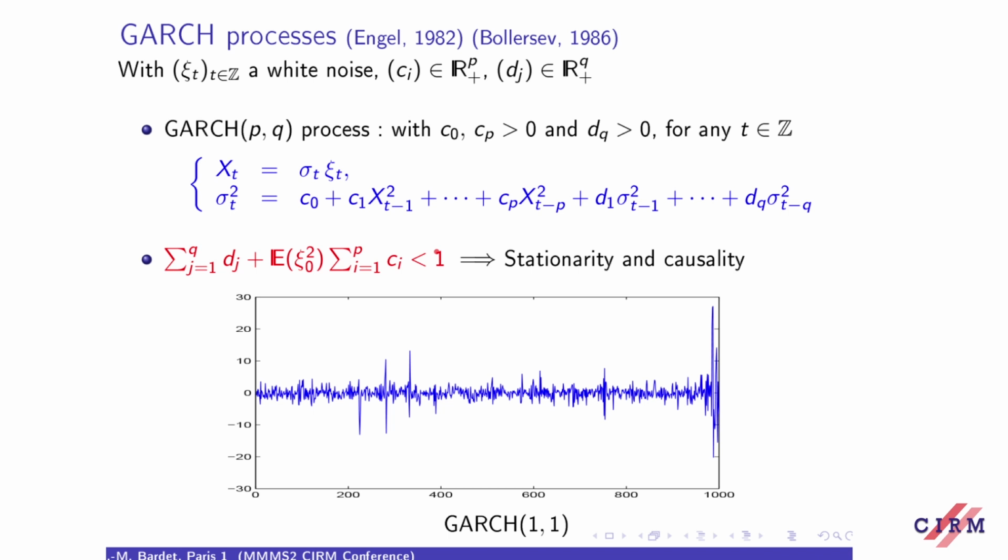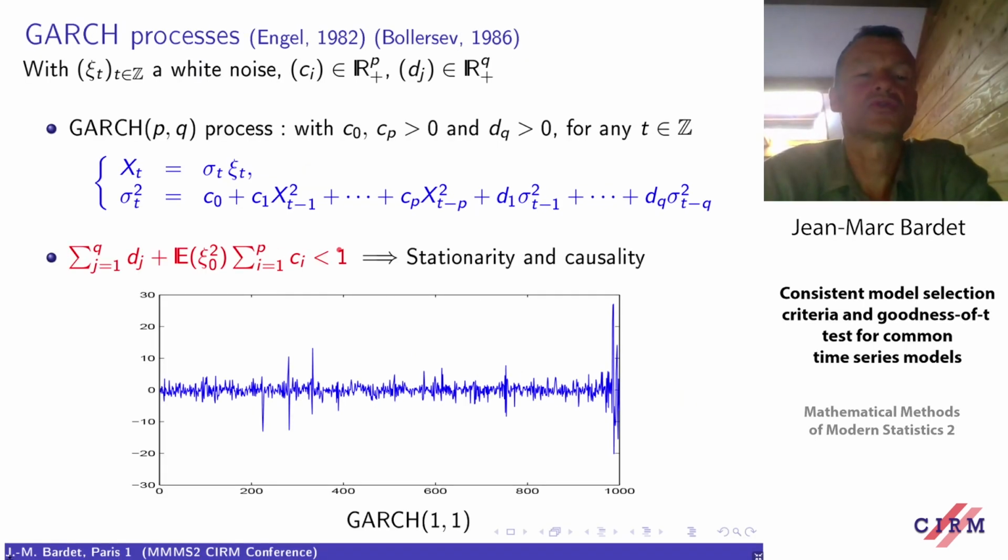Here, GARCH is the acronym of generalized autoregressive conditionally heteroscedastic process. Such new processes were introduced for giving some model of such log returns I presented before.